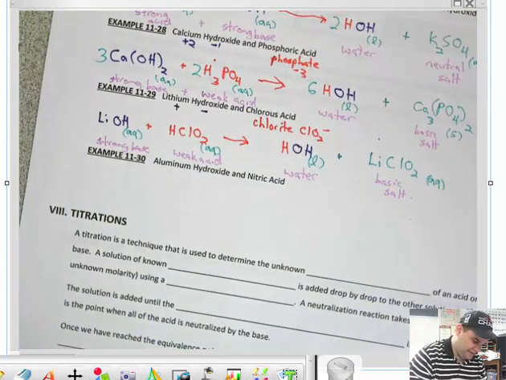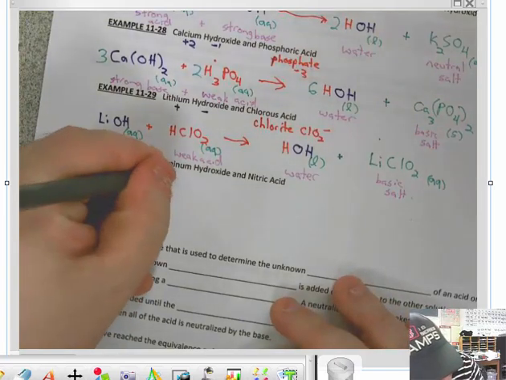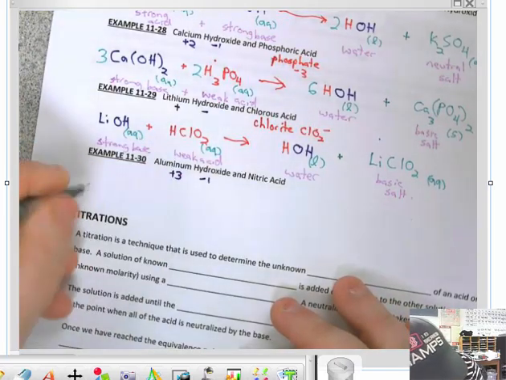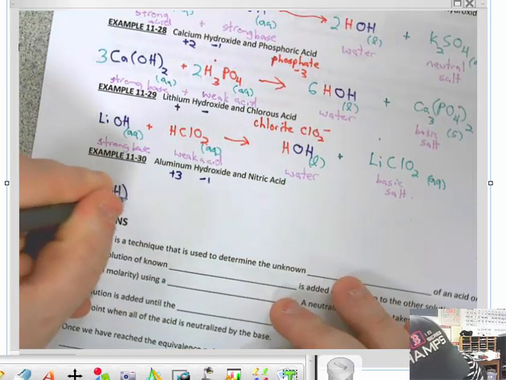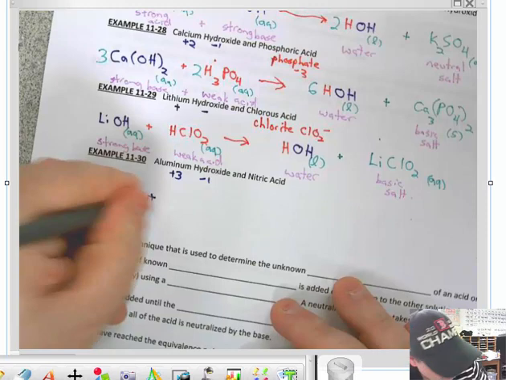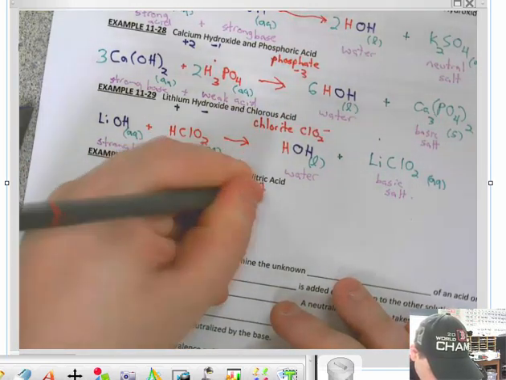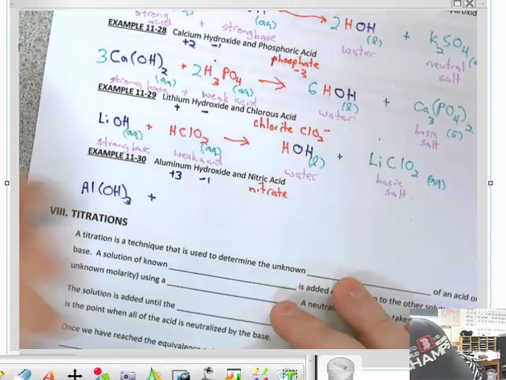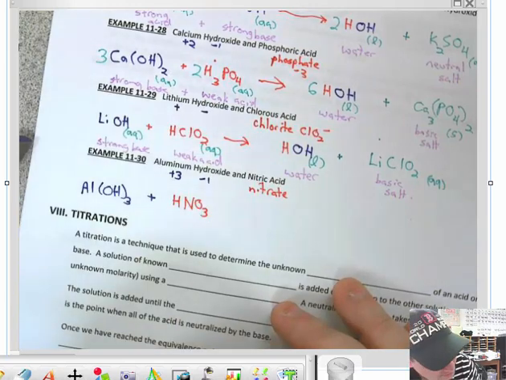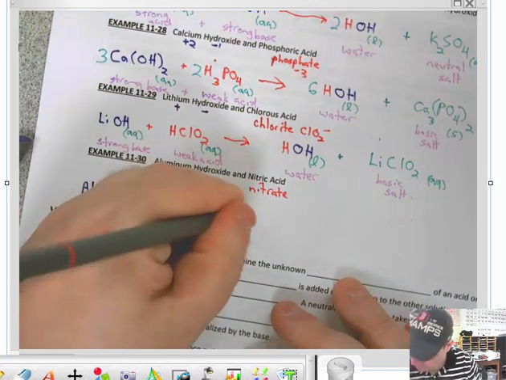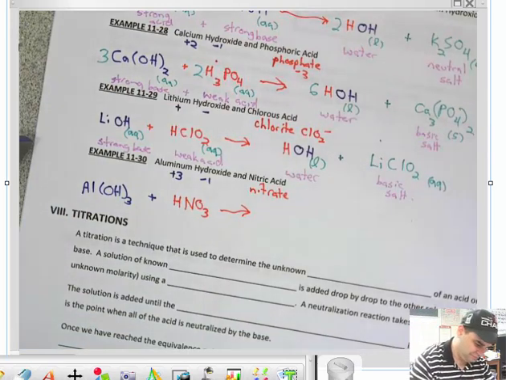Okay, last example here. Here we go. Aluminum hydroxide. Aluminum is +3, hydroxide is -1. So this is Al(OH)3 plus nitric acid. This is the acid of nitrate, which would be HNO3, +1 and -1. We are going to react these together. Neutralized.